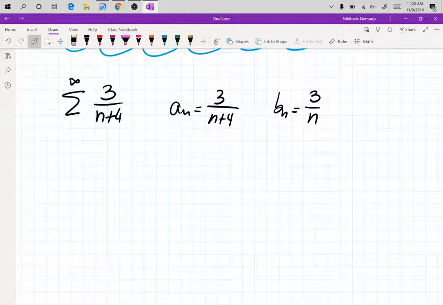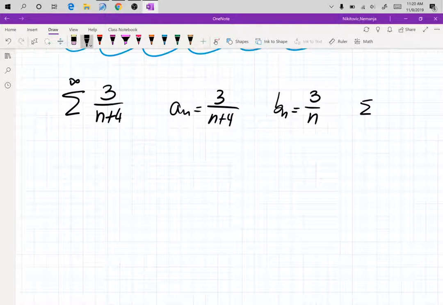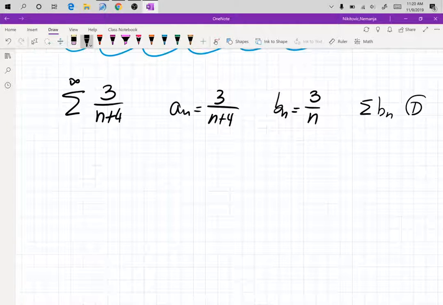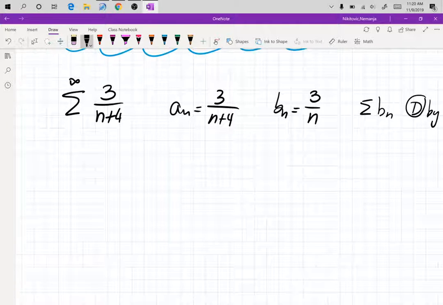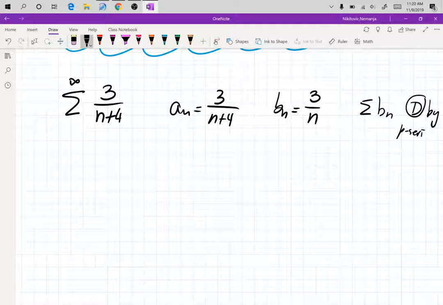Now we know that summation of bn diverges by the p-series or integral test. You can also just claim it's the harmonic series, because by now, since we already had 2 lectures on it, you might have memorized that the harmonic series, 1 over n, diverges.